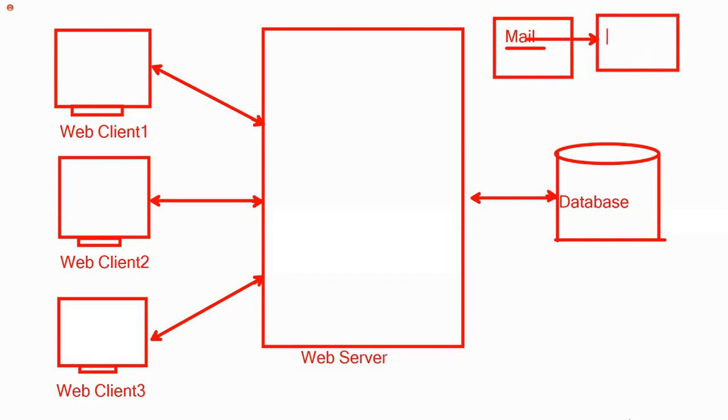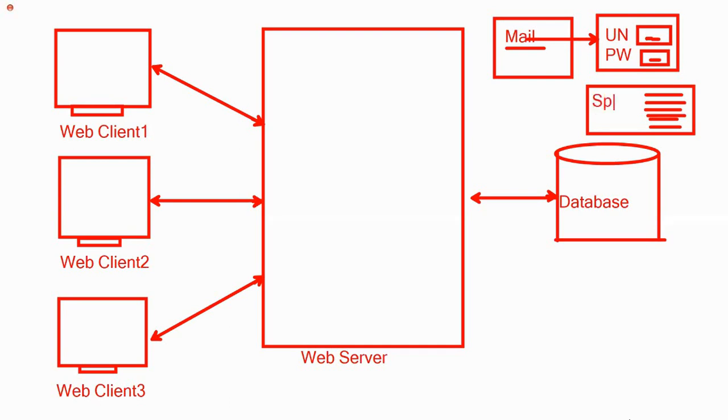That is the login page: username, password, and submit button. You enter the username and password and click submit. One more page comes. In that page, the inbox mails are displayed. On the left side, hyperlinks will be there: spam, trash.